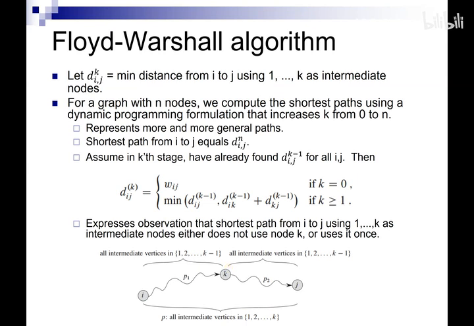If you do not use k, then you can only use nodes 1 up to k minus 1 as intermediate nodes. In that case, the shortest distance from i to j is just this value over here, d_ij(k-1).